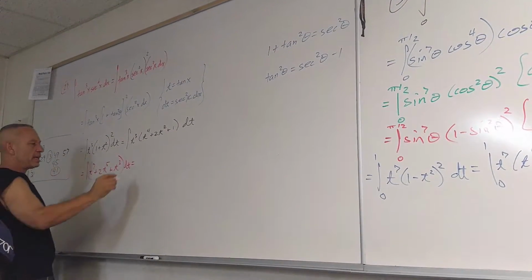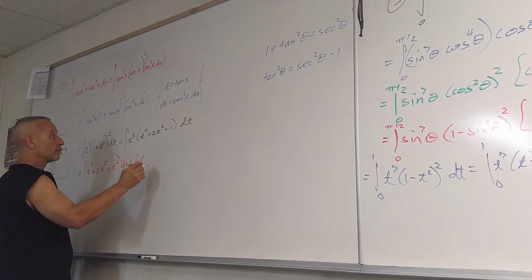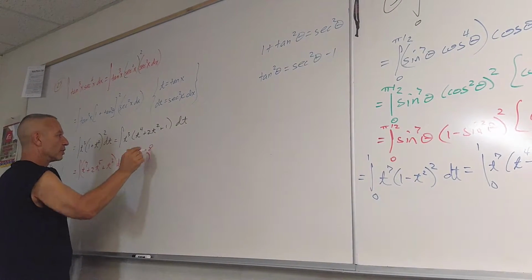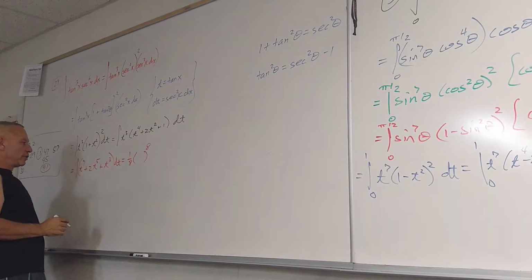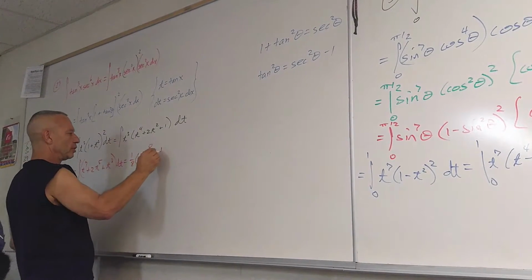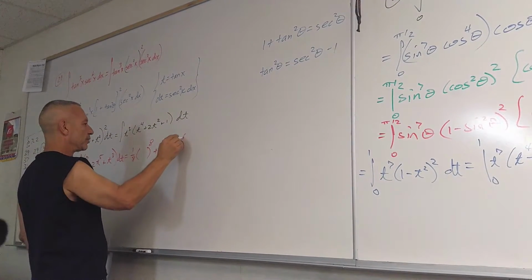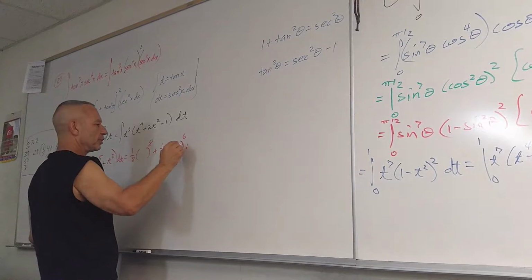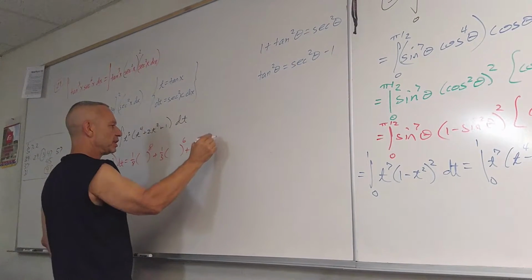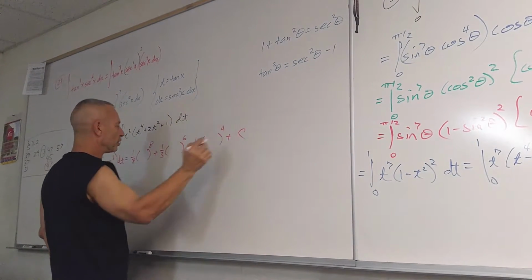So 1/8 t to the 8 plus 2 over 6, 1/3 t to the 6, plus 1/4 t to the 4th, plus an arbitrary constant.